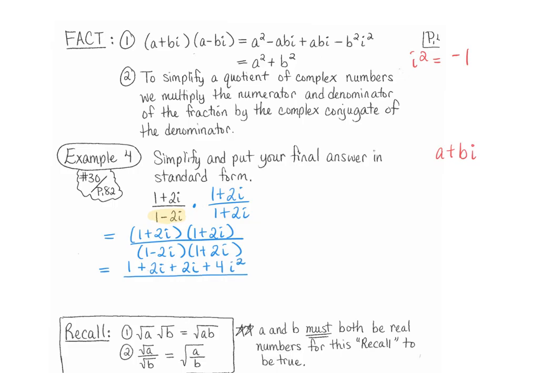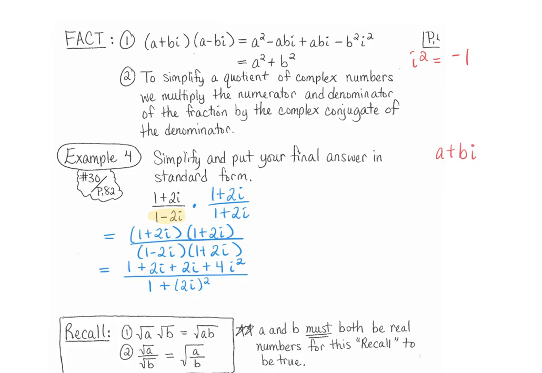All of that divided by, since these are complex conjugates, we can use this fact up here. So we're just going to have a squared, which is 1 squared, so that's 1, plus b squared, so that's plus 2 squared.